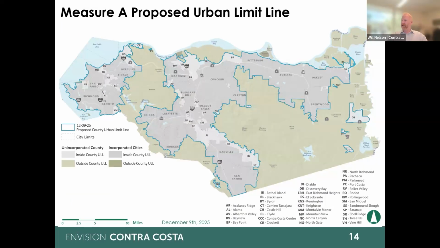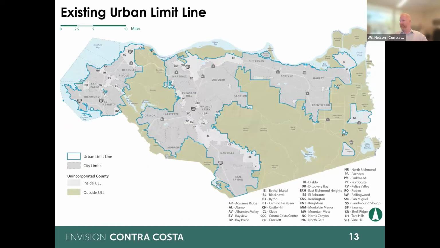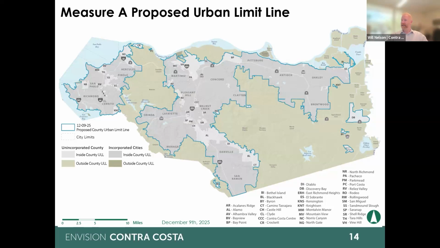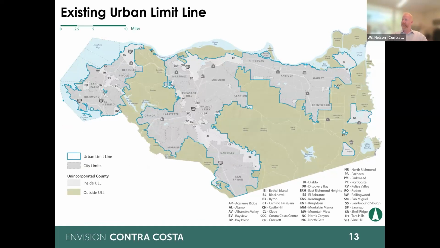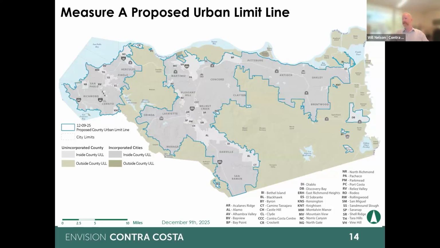Byron Airport, it contracts around there. A lot of the land around the airport is actually owned by the county or the East Bay Regional Park District as conservation land. So you see in and out. So it's changes like that all over the place. The island off Pittsburg, in and out. So this is the line as it would appear if Measure A were to pass.